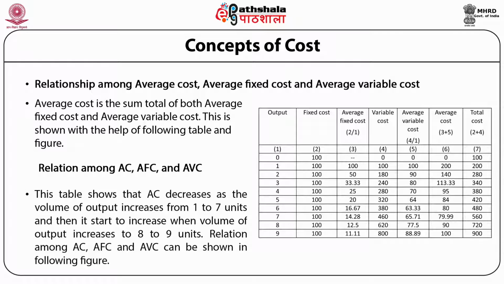This table shows that AC decreases as the volume of output increases from 1 to 7 units, and then it starts to increase when volume of output increases to 8 to 9 units. The relation can be shown in the following figure.